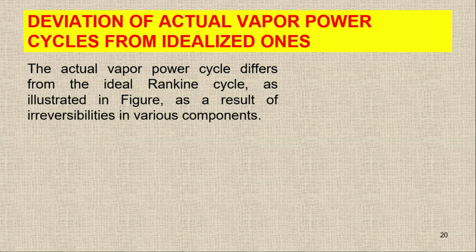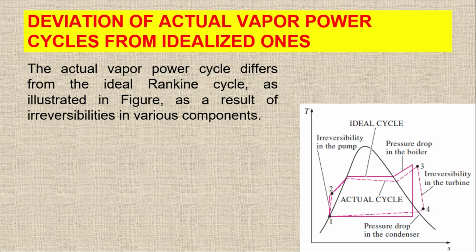But the actual power cycle differs from the ideal Rankine cycle, as you can see in the figure here. We have two different cycles. We have this one, which is represented by the solid line. This is the ideal one, and I have plotted another with the dotted line. So this is the actual one.